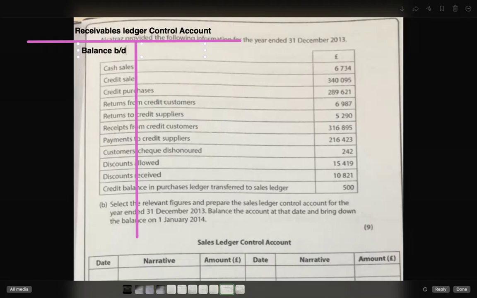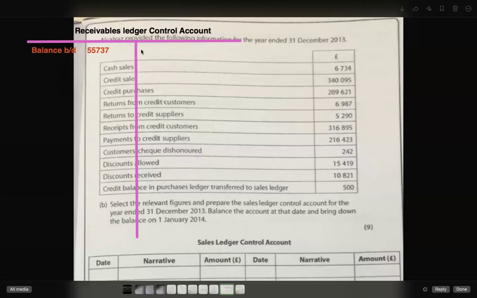Debit balance. How much is our debit balance? Has everyone become deaf and dumb? 55,737. Louder. 55,737. Thank you.